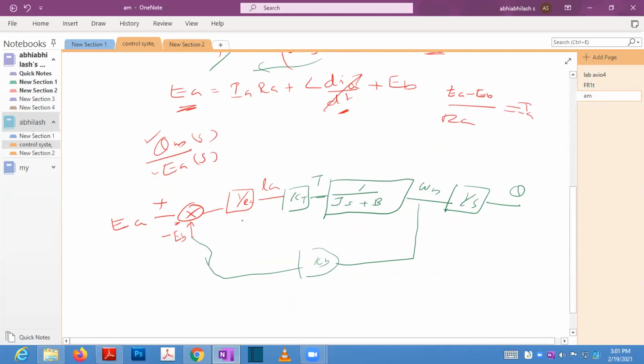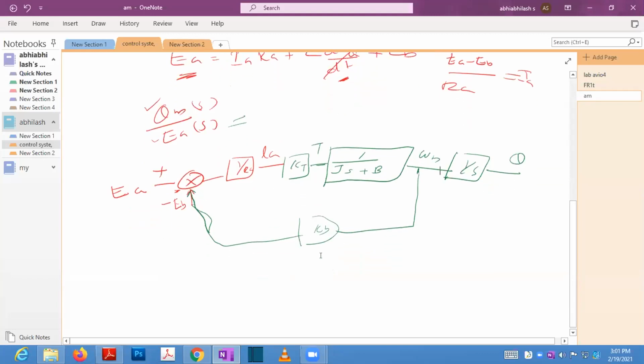So this is the complete block diagram. This theta divided by Ea, is this an open loop transfer function or a closed loop transfer function? Closed loop transfer function. Why are you telling it is closed loop? Because of the feedback loop which is there. So what do you mean by feedback? The output at any point will be given back to the forward path.